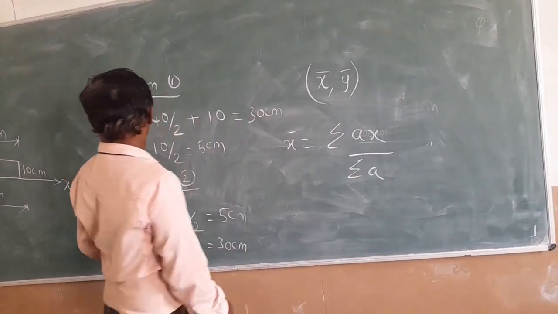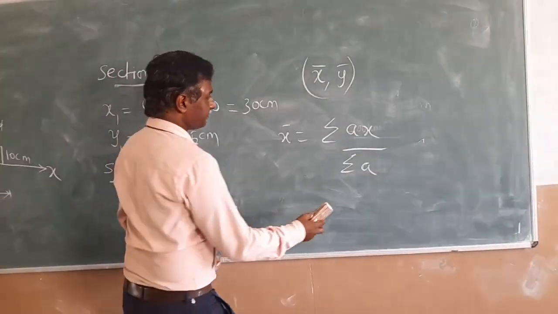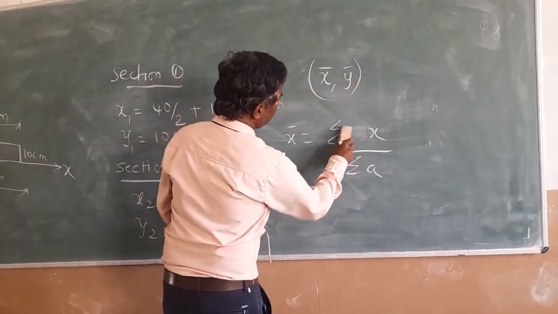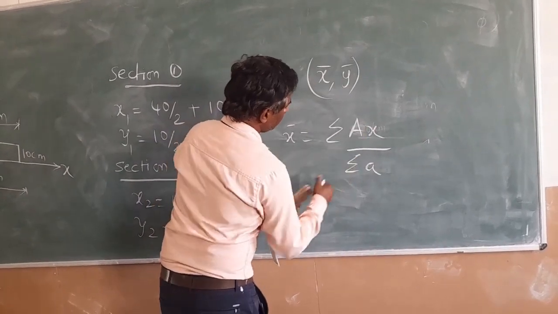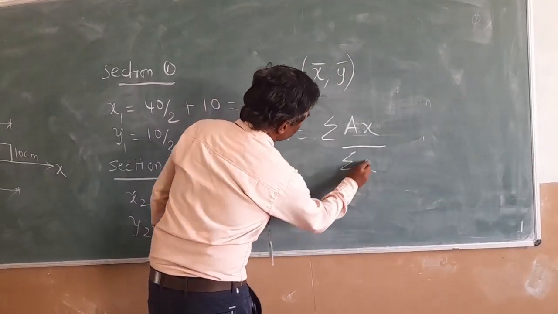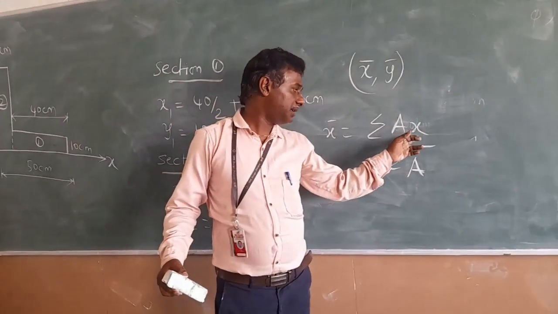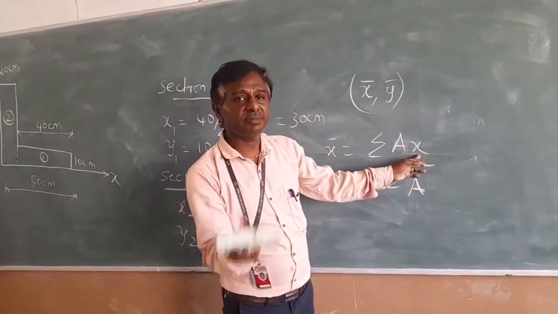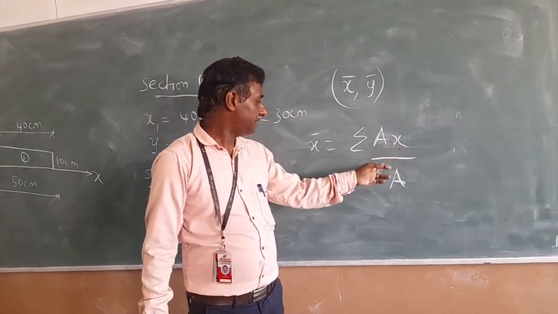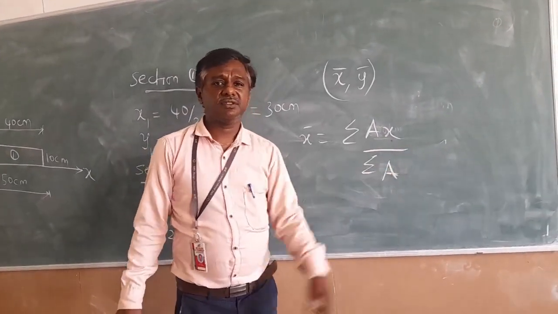Let's take area as capital A. So the sum of area multiplied with the centroid of the particular section, divided by the sum of the total area.